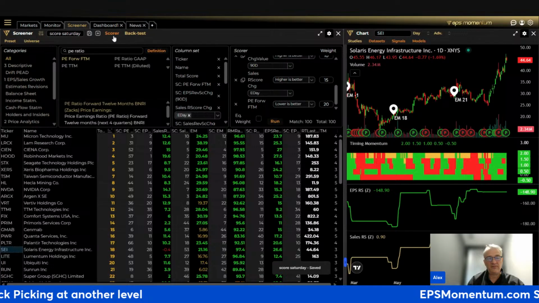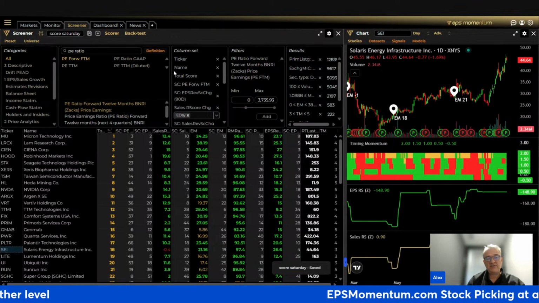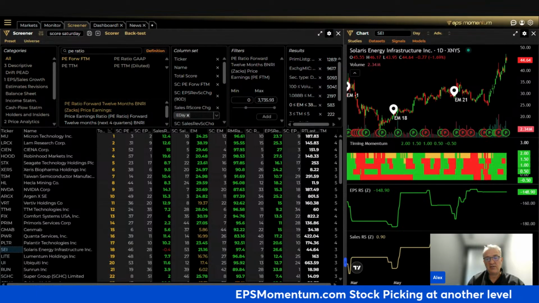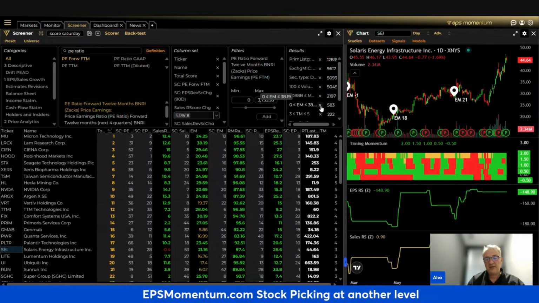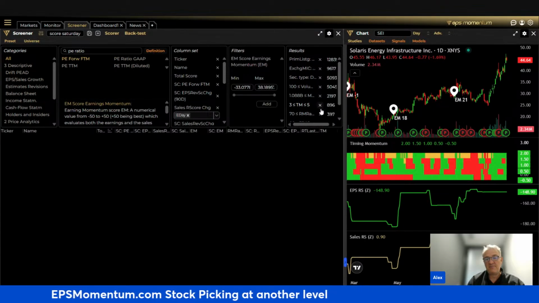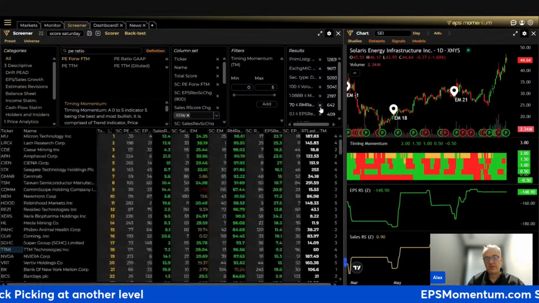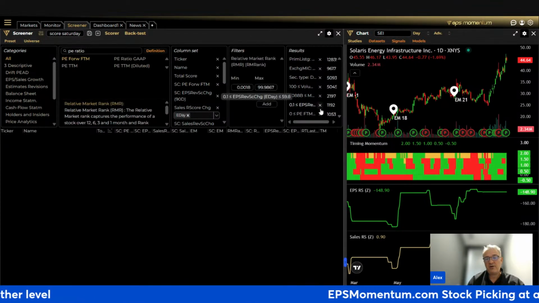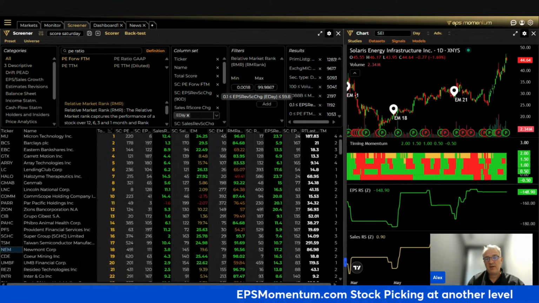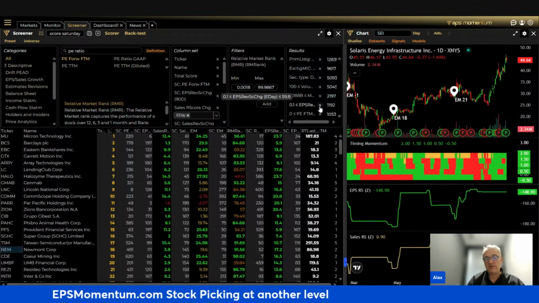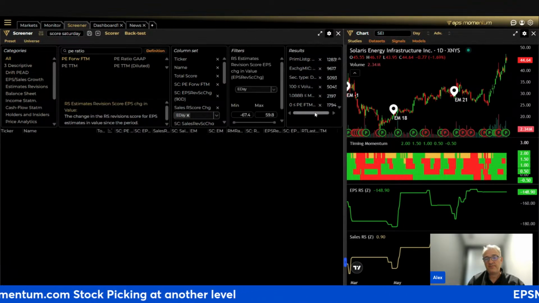It is saved. Now, one of the nice things with the scorer is I can remove the EM. I can remove the TM. I can remove the RMR, and this is the revision score. I can remove that revision score. Right.